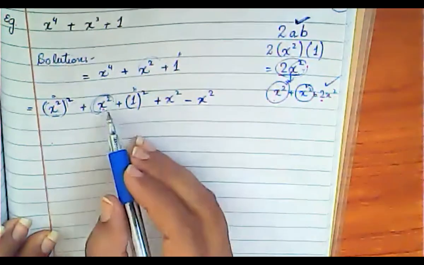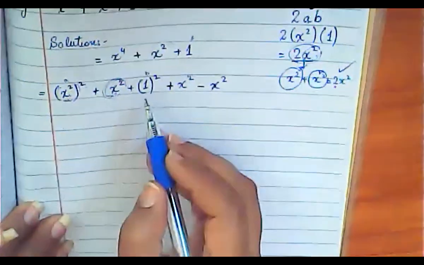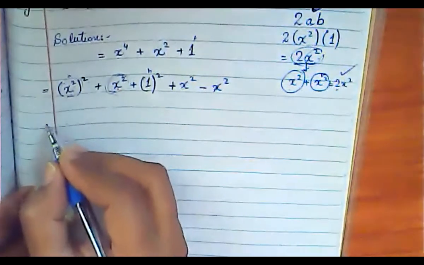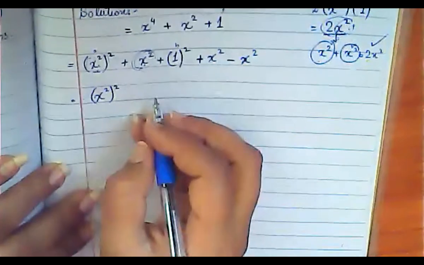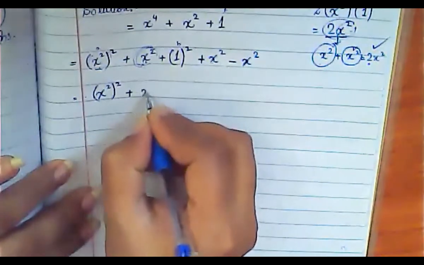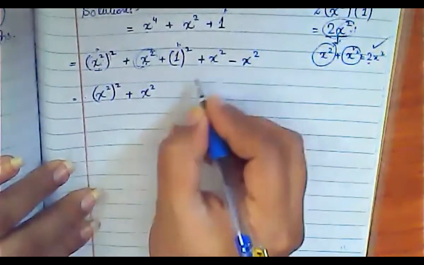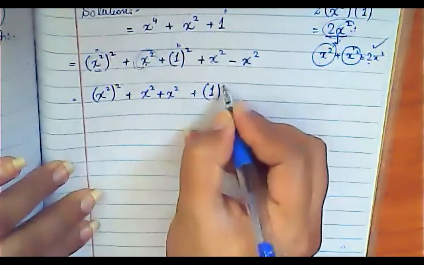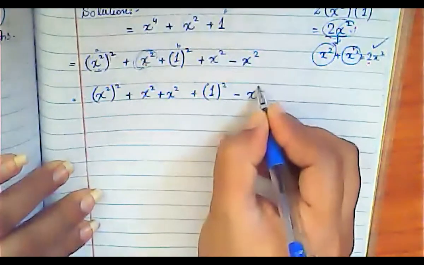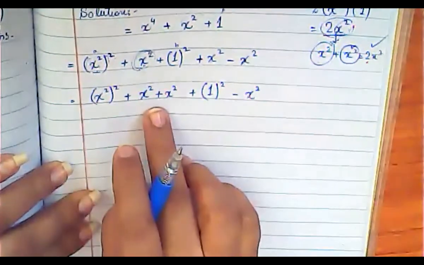Now simply you will arrange these terms together. How? Simply you will write here x square whole square, plus x square plus 1 whole square, minus x square. I had just arranged it.